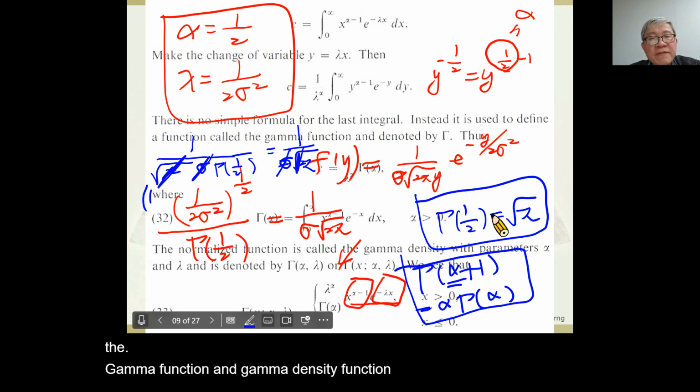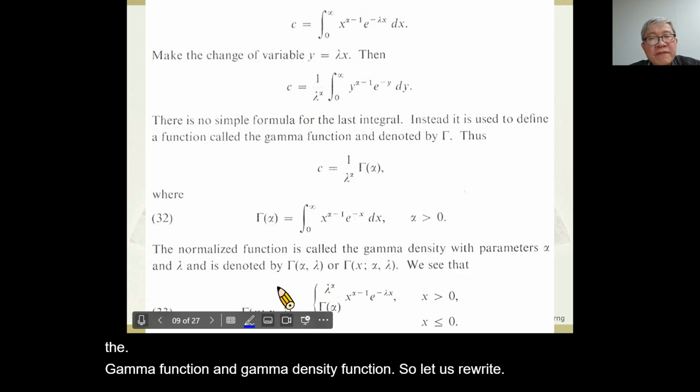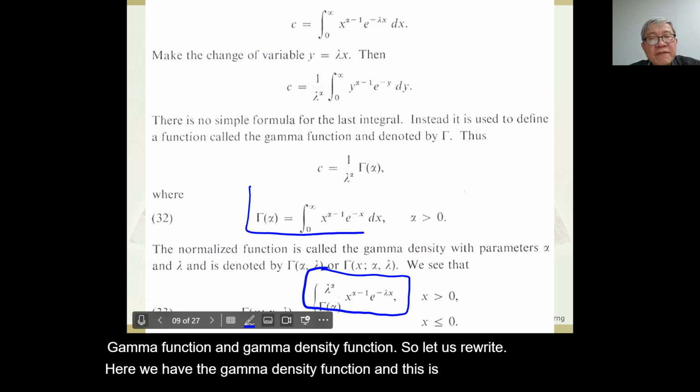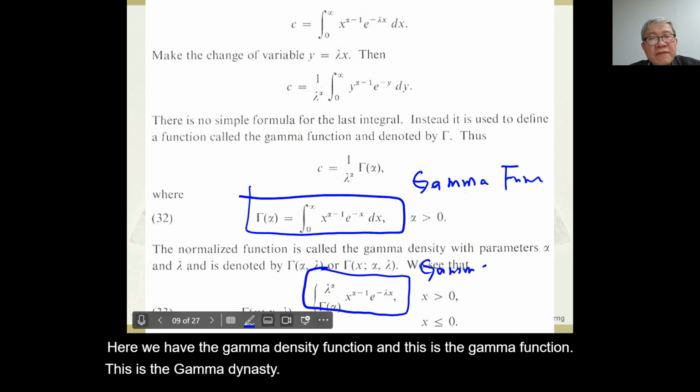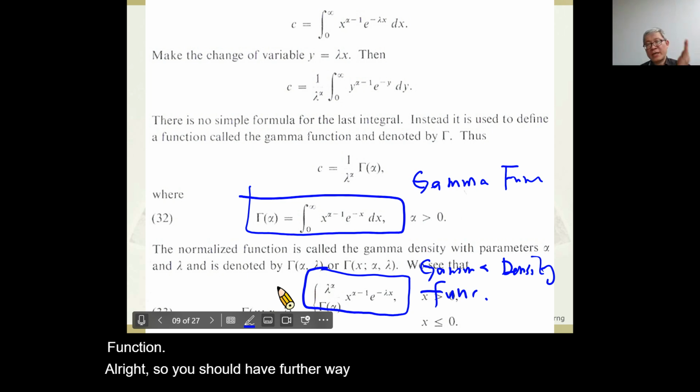So let us rewrite. Here we have the gamma density function, and this is the gamma function. This is the gamma density function. Alright, so you should have a way to distinguish the gamma function and the gamma density.